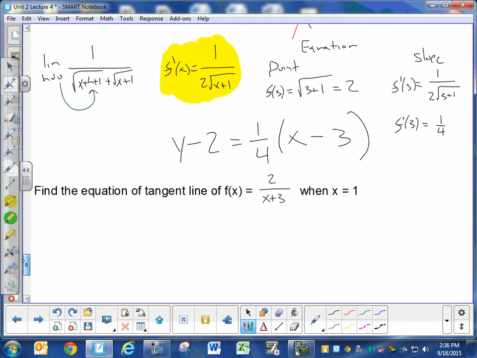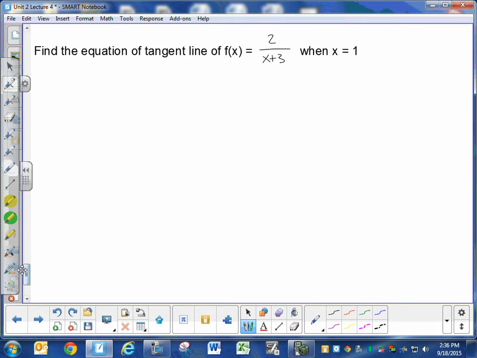Good stuff. Next one. Let's see if we can find the equation of the tangent line to the function 2 over x plus 3. I'm going to use my guy.